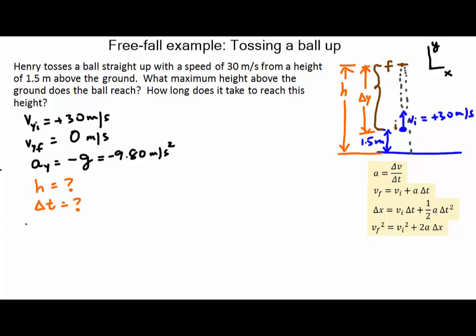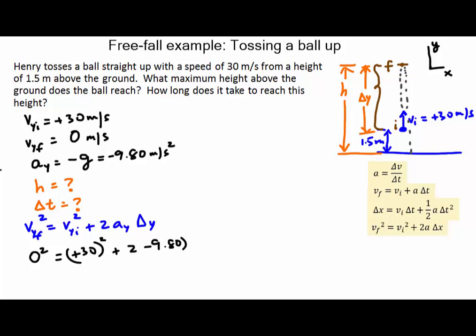My equation says vyf squared equals vyi squared plus 2 times ay times delta y. So now, putting in the values, my vyf is 0, so that makes it 0 squared equals vyi is plus 30, square that, plus 2 times ay is minus 9.80 times delta y.